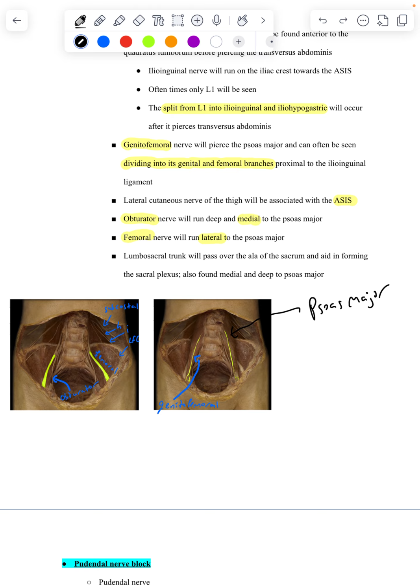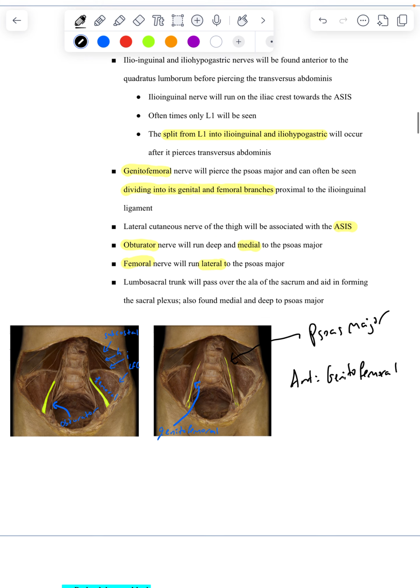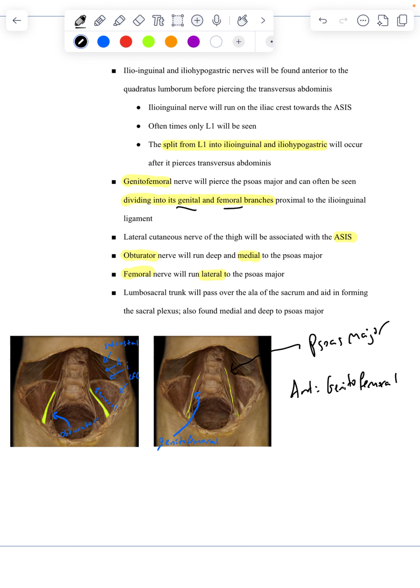So the nerve that literally sits on the psoas major or anterior to it is literally called genitofemoral. And then it also has a genital and a femoral branch, but we don't care about that. But it's called genitofemoral. So think of the way your psoas is shaped. It separates your body into a genital and femoral side on each side.